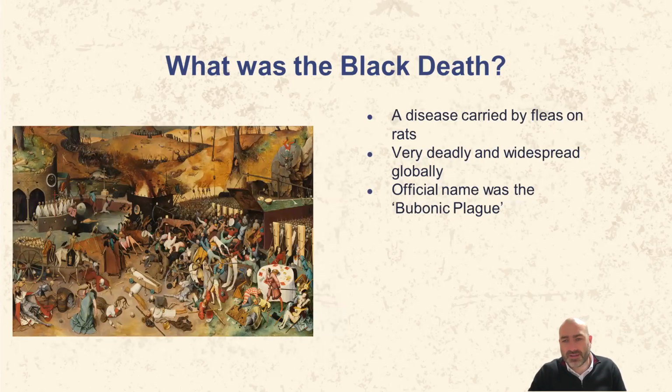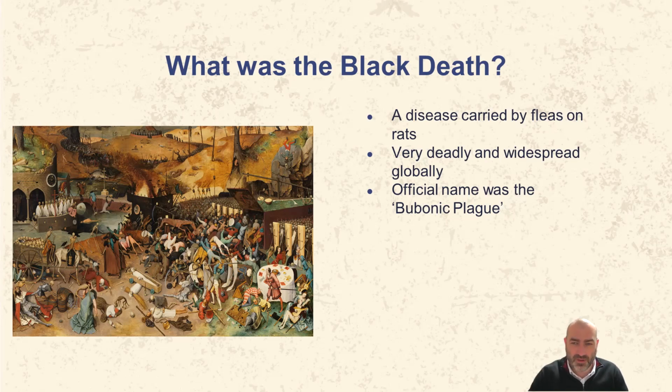What was the Black Death? So finally, the last invader to introduce is the disease, the Black Death. Of course, this is not a human invader, but it was a disease that was carried by the fleas that lived in the fur of black rats.